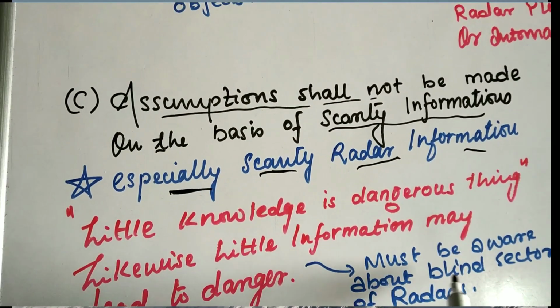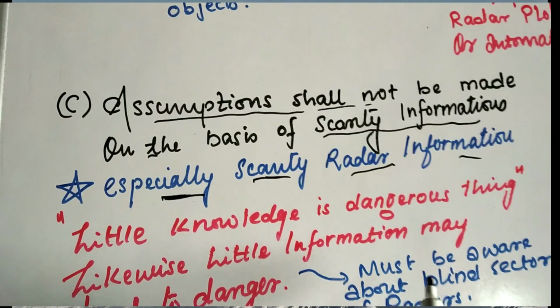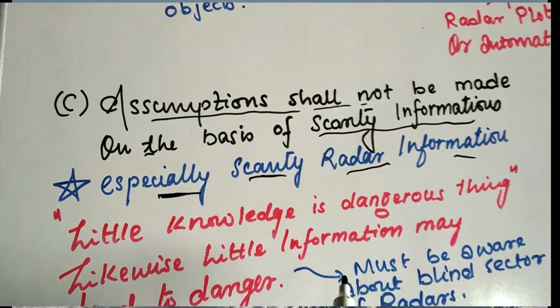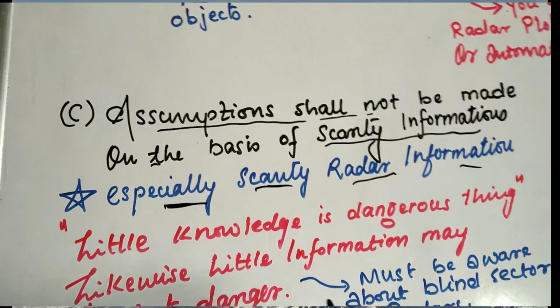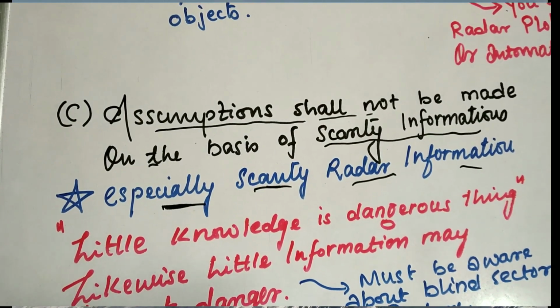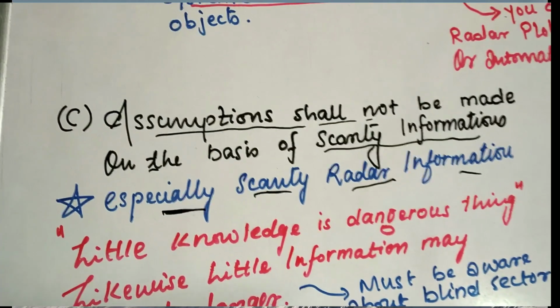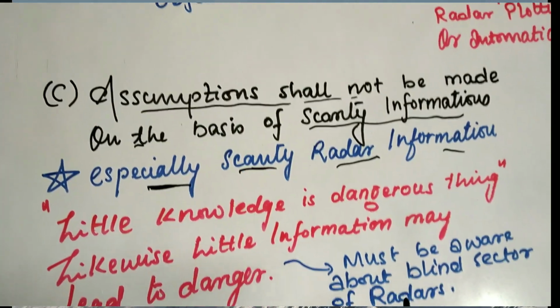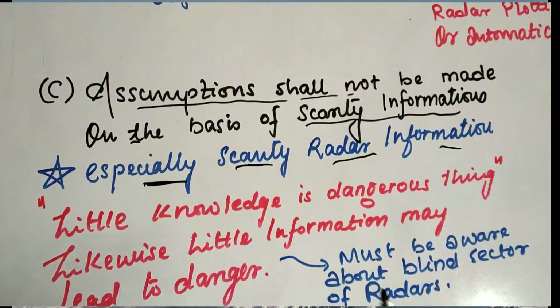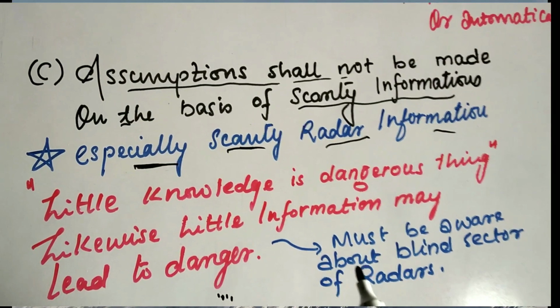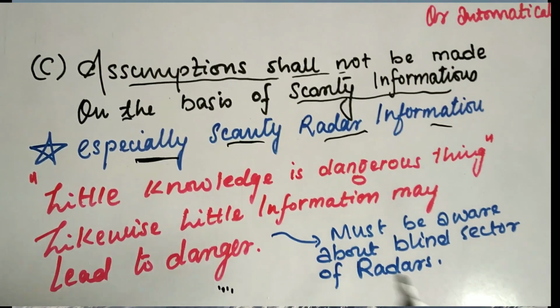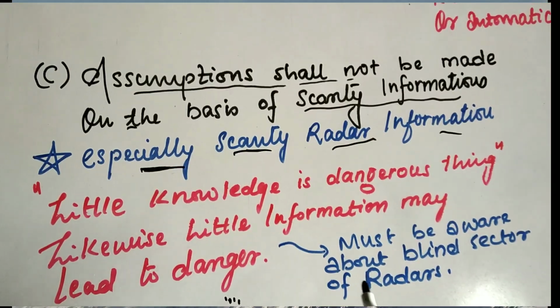So you must be aware of everything about radar, so you are able to differentiate what scanty radar information means. You must be aware of the blind sectors of the radar fitted on board your ship, and you must know the difference between X-band radar and S-band radar.